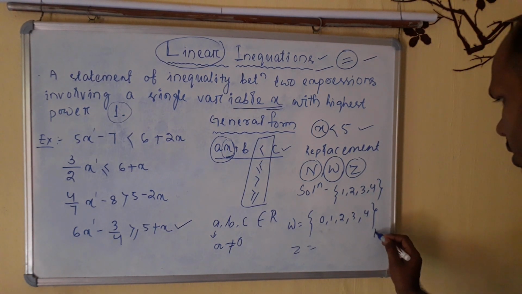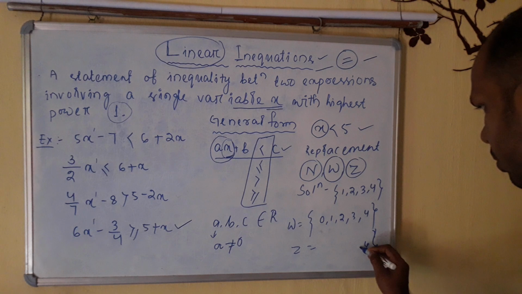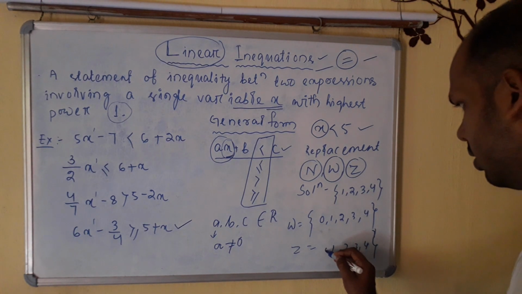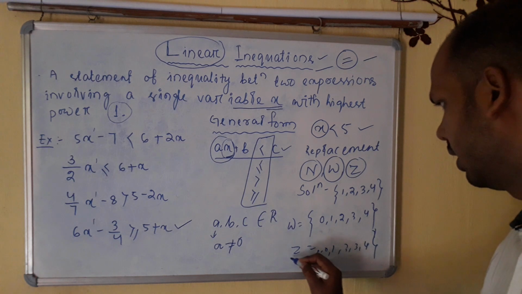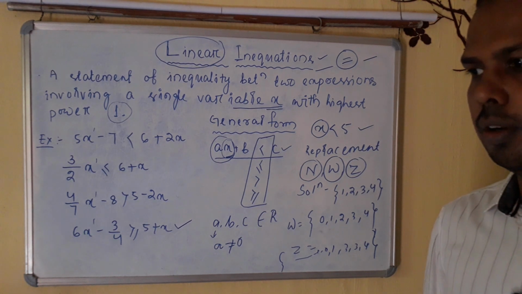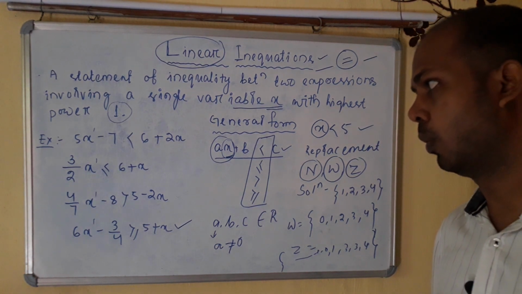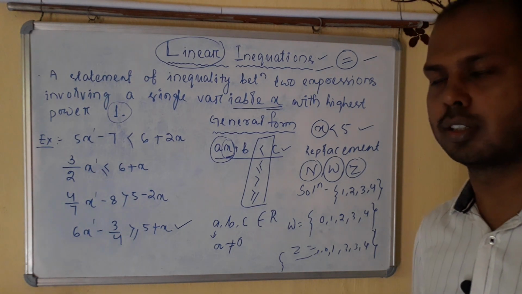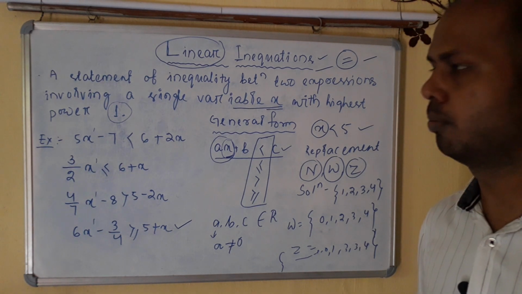The solution set will be 4, 3, 2, 1, 0, minus 1, like this. Yes or no? Yes. Now, there are some rules or properties of inequation which we have to follow at the time of solving linear inequations. Let's discuss the properties.